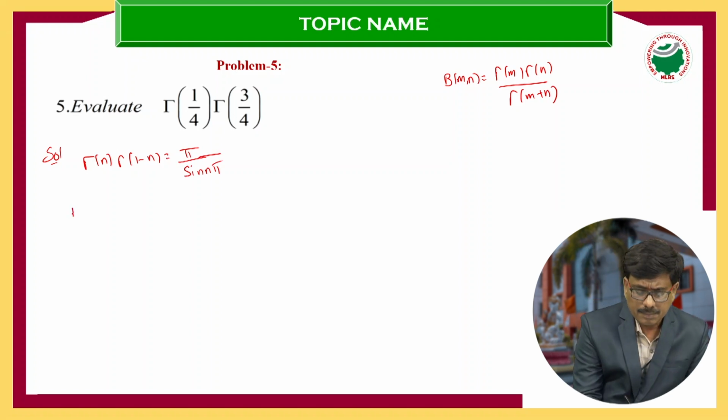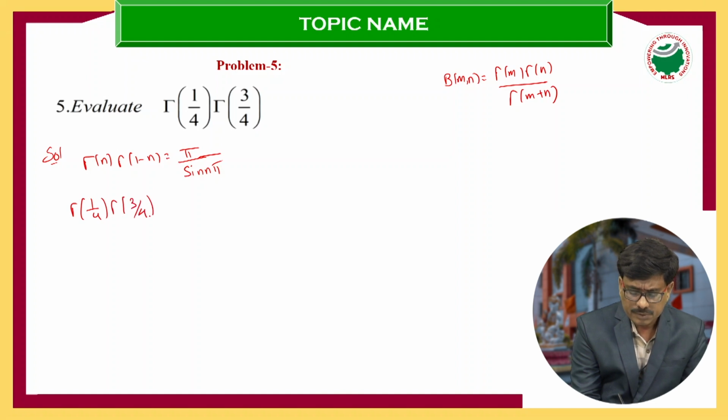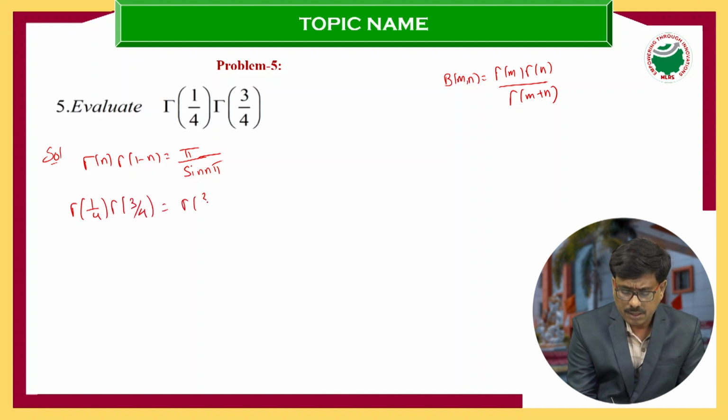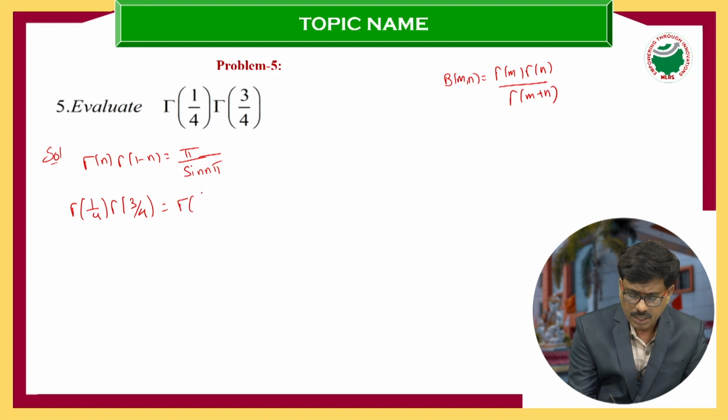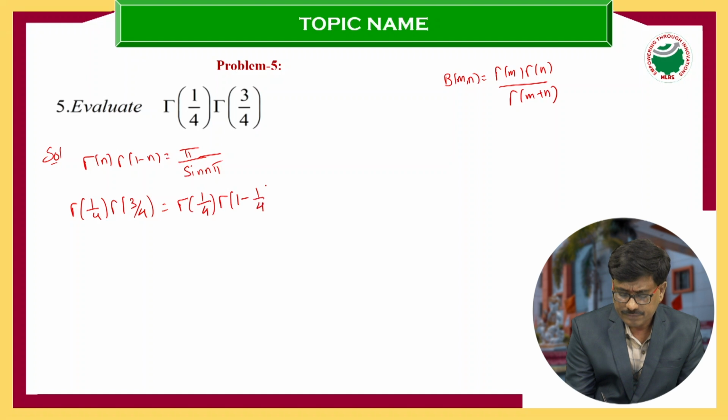See here, gamma of 1 by 4, gamma of 3 by 4. How do you write it? Gamma of 1 by 4, gamma of 1 minus 1 by 4.